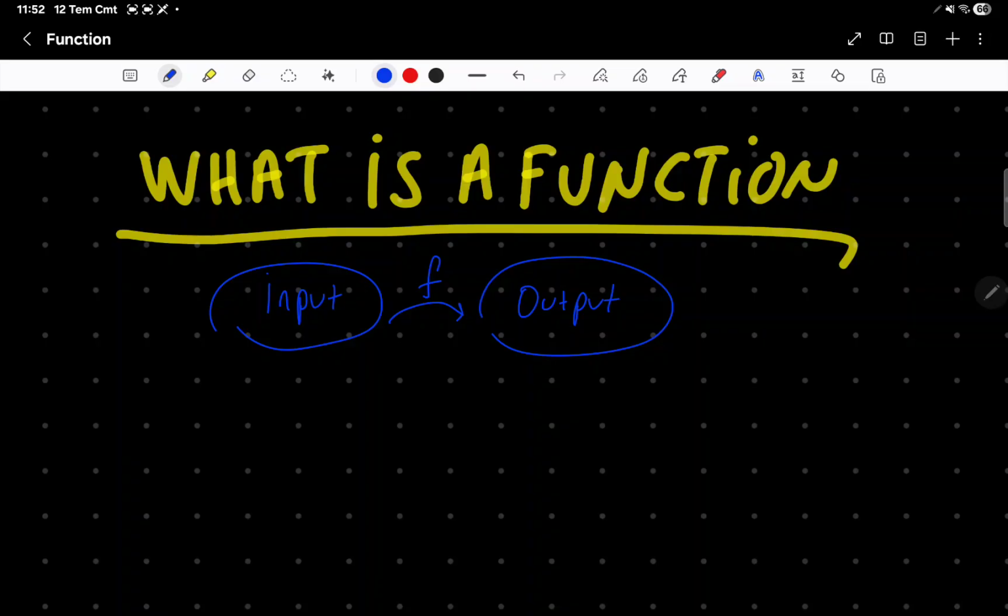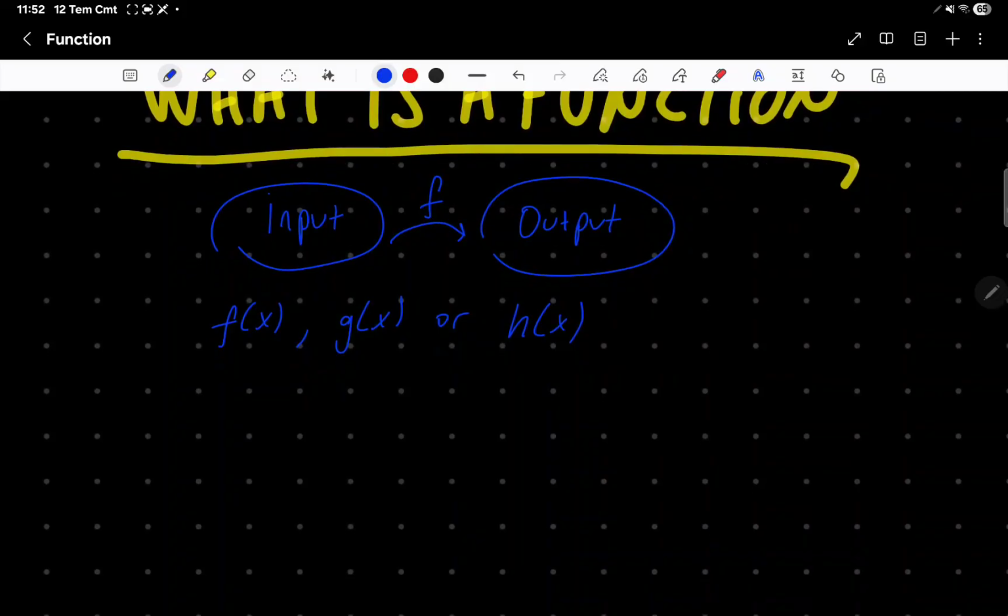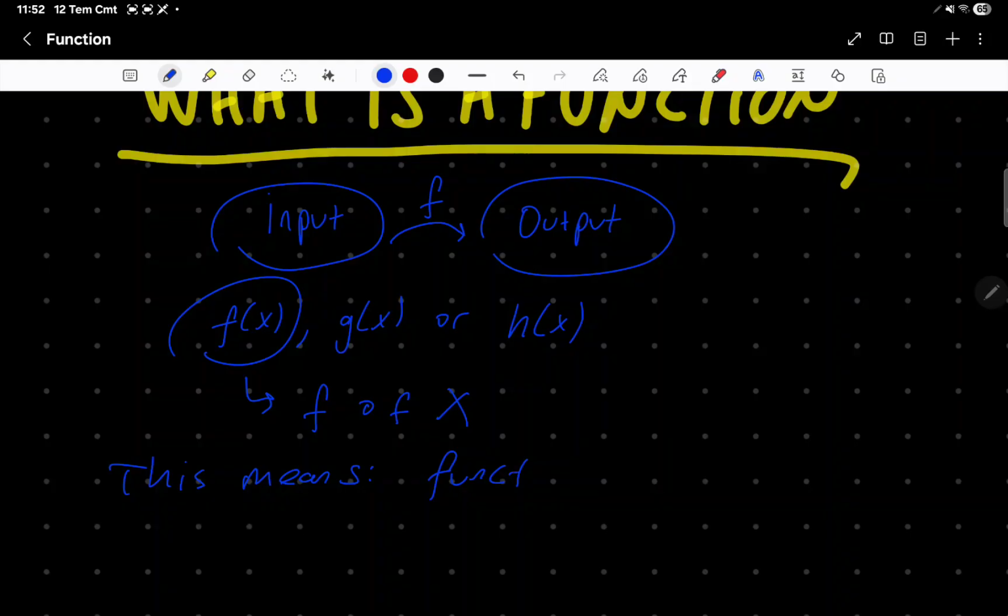We usually write function as f of x, g of x, or h of x. It means function f with input x.